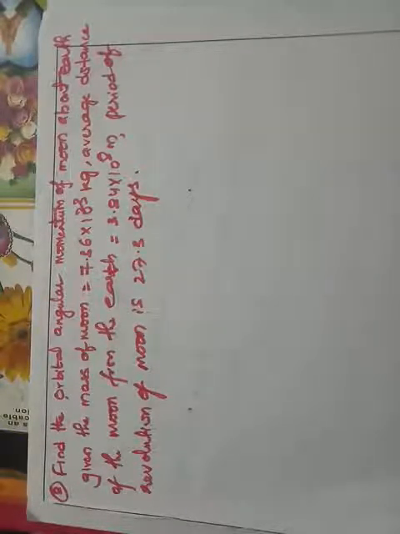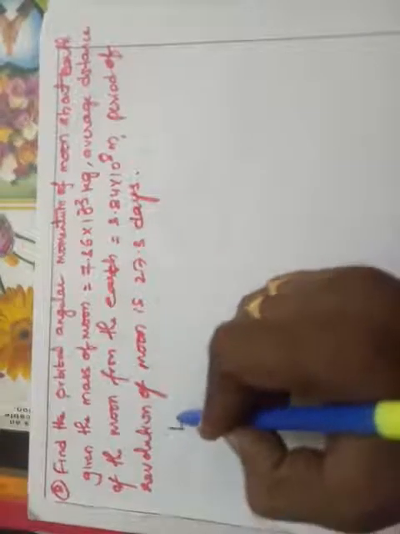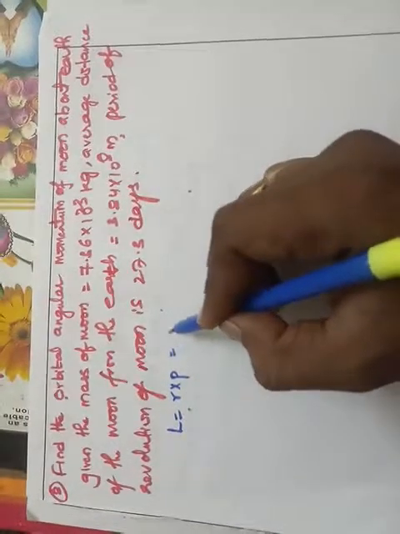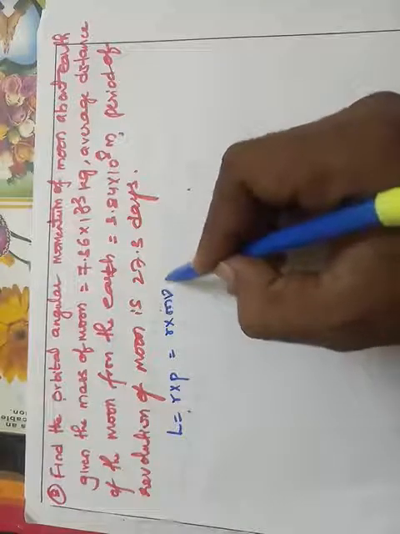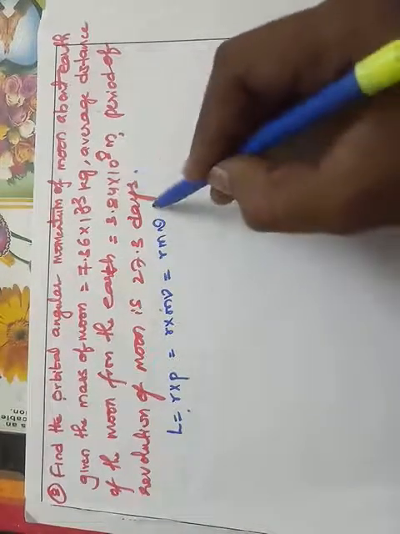Generally, the equation can be written as, we know very well, angular momentum L is equal to r cross p, where p can be written as m v, so r m v sin theta, right?